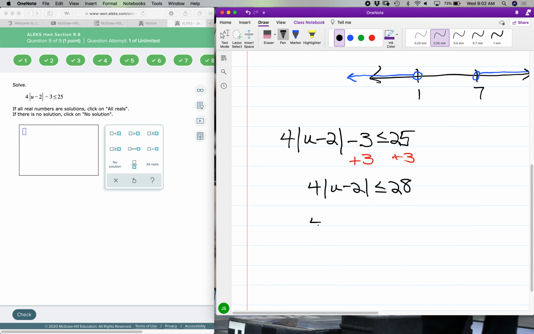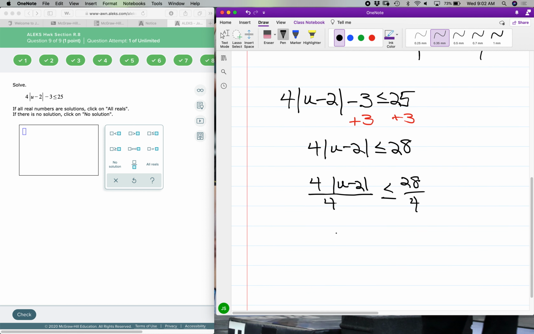With division by 4, we have that the absolute value of u minus 2 is less than or equal to 7.